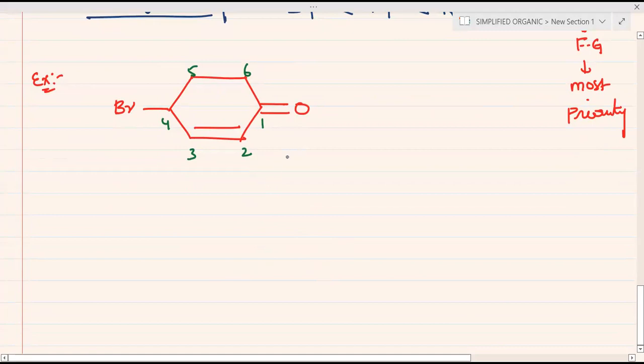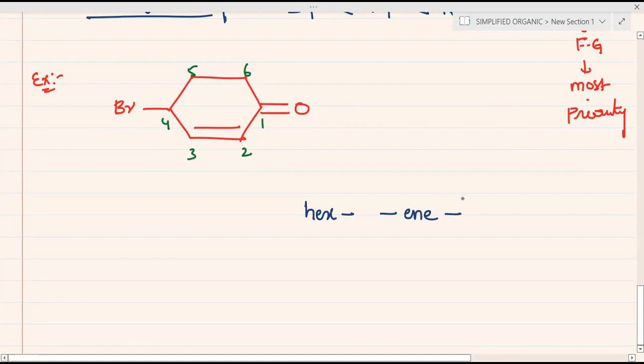So now according to this, what is the root word? The root word for 6 carbon is hex. And what is the primary suffix? Primary suffix will give you the information of whether the compound is saturated or unsaturated. So there is a double bond, so definitely unsaturated, en, I will write.